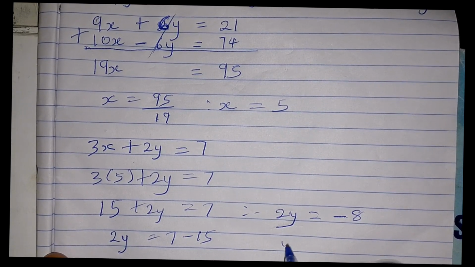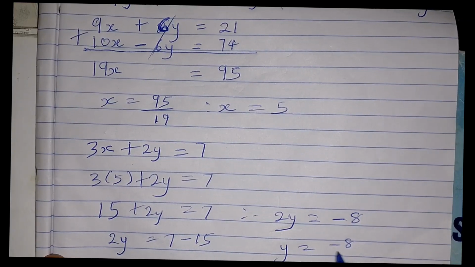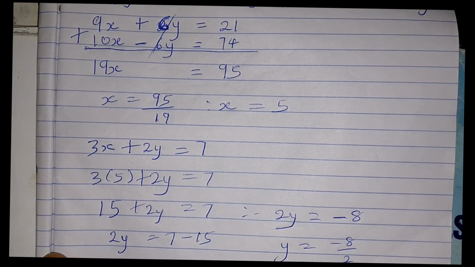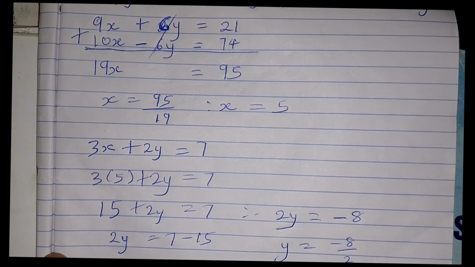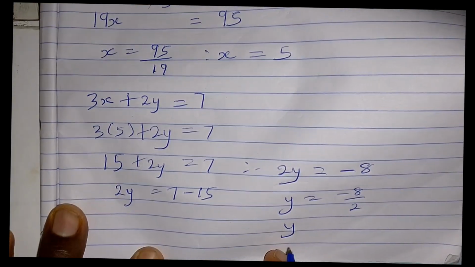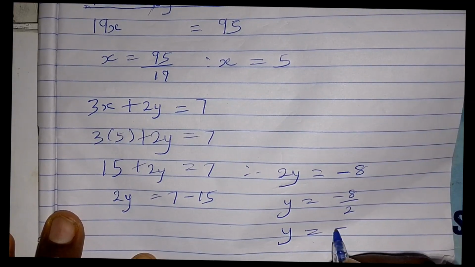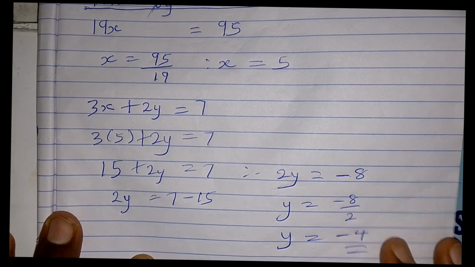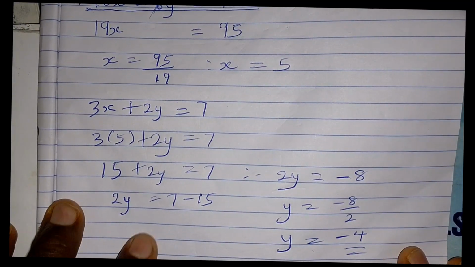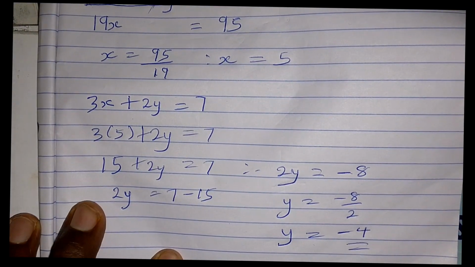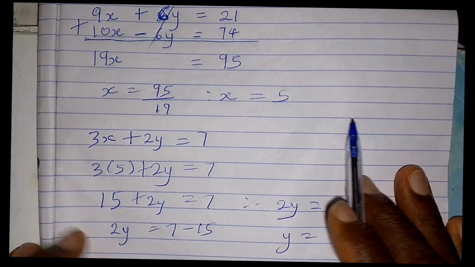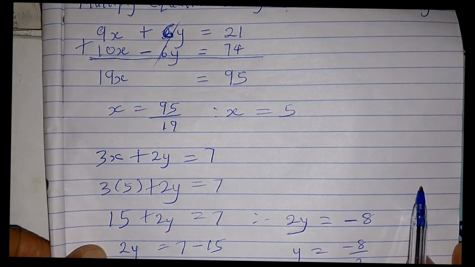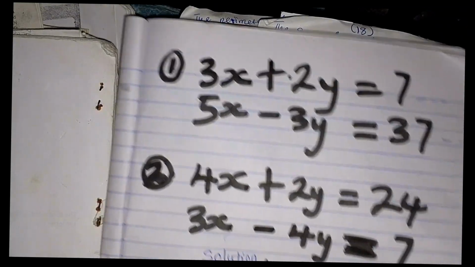All right, so y equals minus 8 over 2, and so our y will be minus 4. So in this question, y is minus 4 and x is 5. So let's solve for number 2.